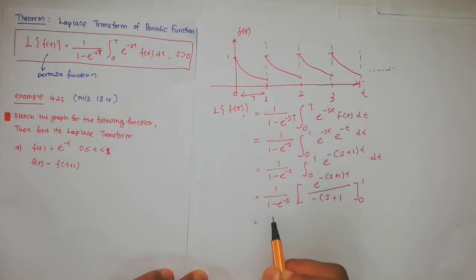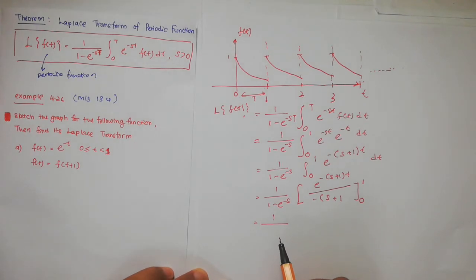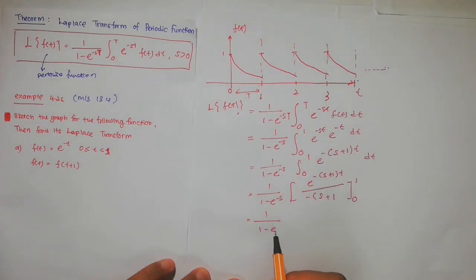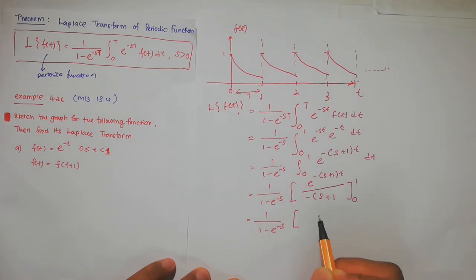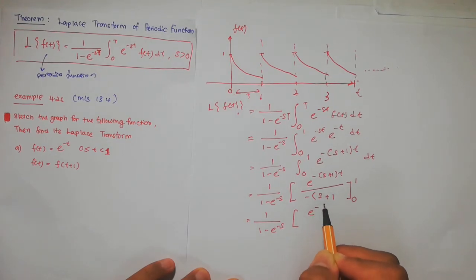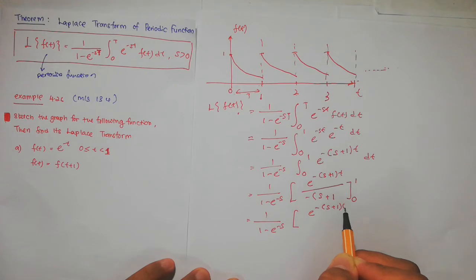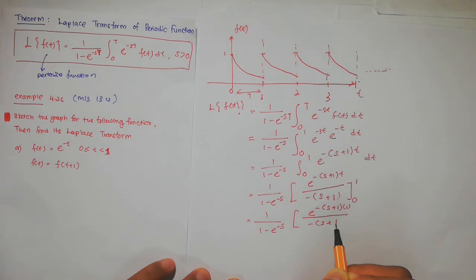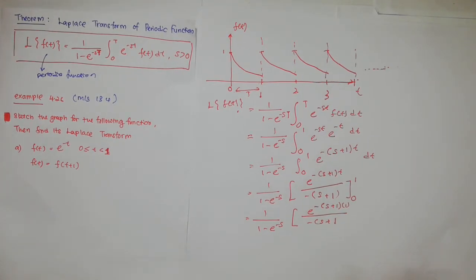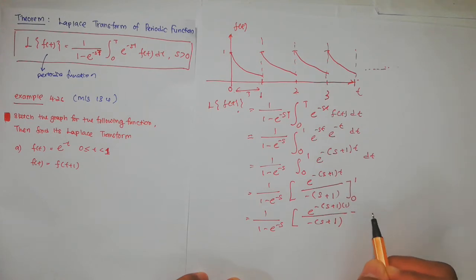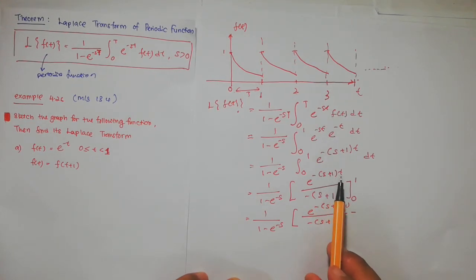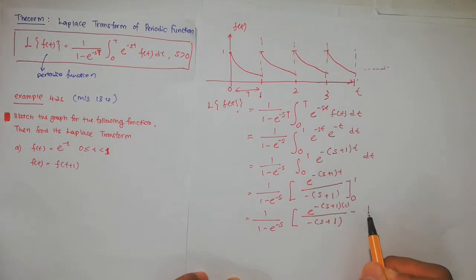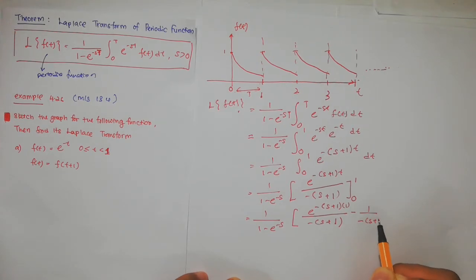So this will be equal to 1 over 1 minus exponent negative s, and then exponent negative (s plus 1) multiplied with 1, divided by negative (s plus 1), and then minus exponent negative (s plus 1) at t equal to 0, meaning this will be equal to 1, so you have 1 over negative (s plus 1).